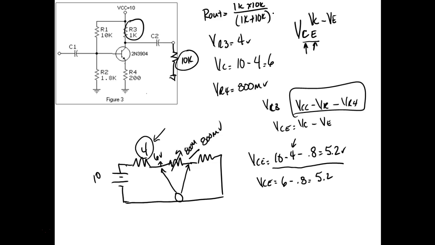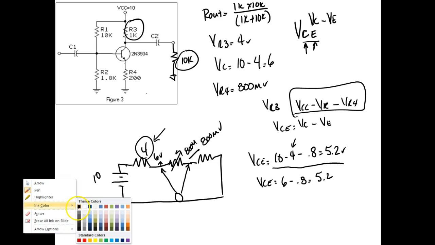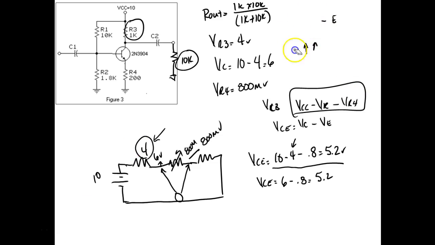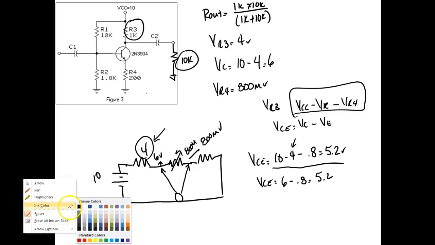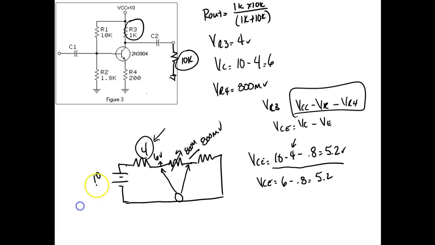Or you can use the formula that most people use in DC, and that's the reciprocal of the sum of the reciprocals, right? So we can use that formula right there, or we could use 1 over 1K plus 1 over 10K. I know it's going to be less than 1K, right? About a little over 900.